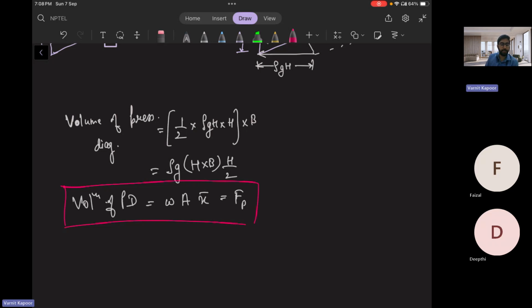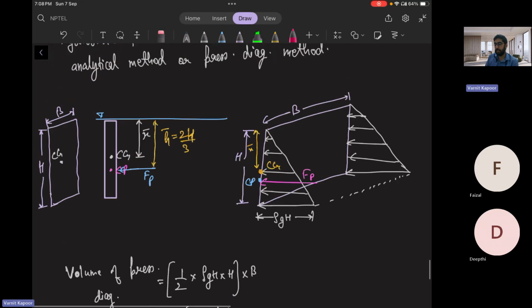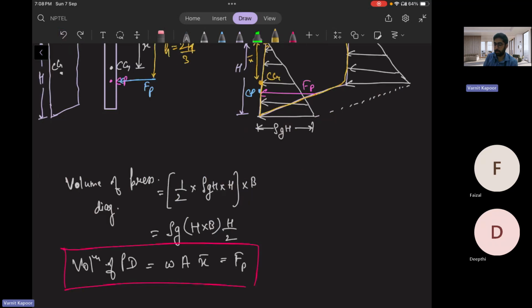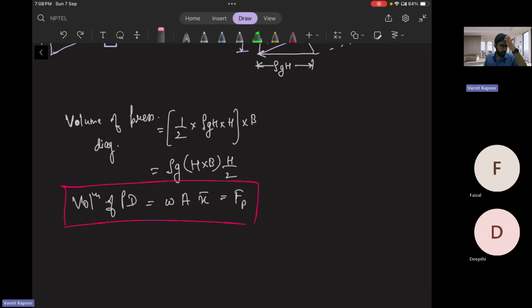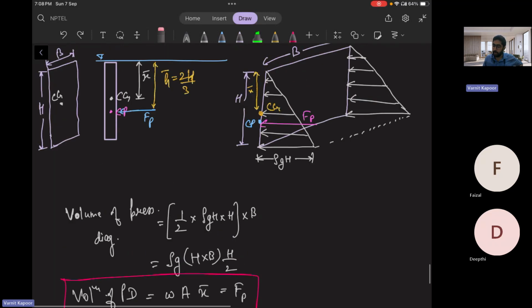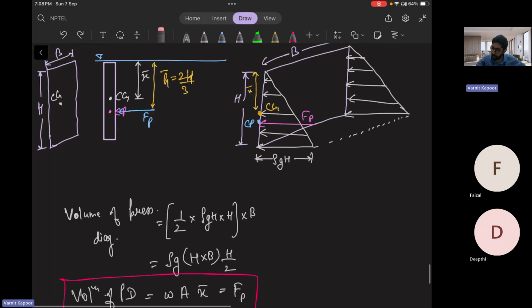One point to note here is that this pressure diagram technique cannot be used for circles, triangles, or other shapes of flat surface. This can only be used if my plate is rectangular. Why? Because the volume will change. Suppose you have a circular plate like this.